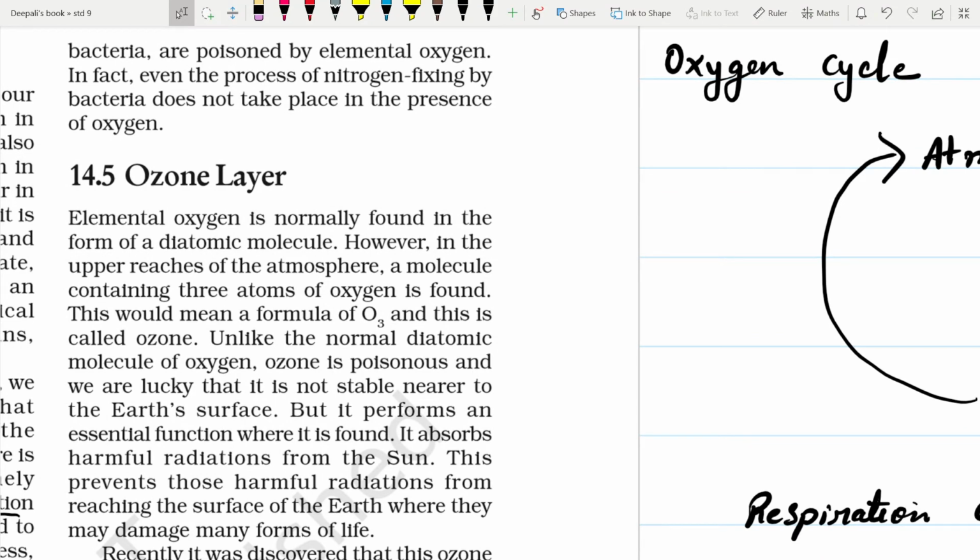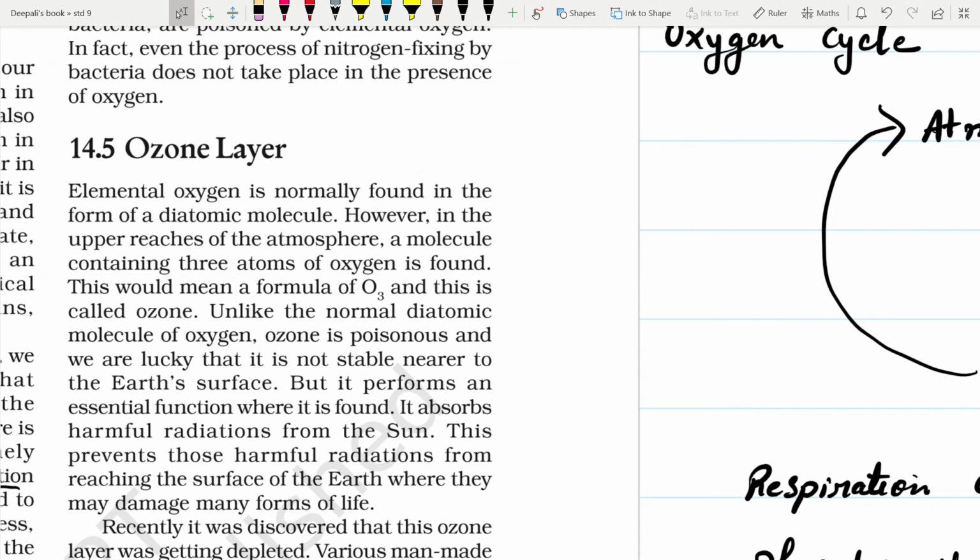The elemental oxygen is normally found in the form of diatomic molecules, O2. However, in the upper reaches of the atmosphere, a molecule containing three atoms of oxygen, O3, is found, and this is called ozone.